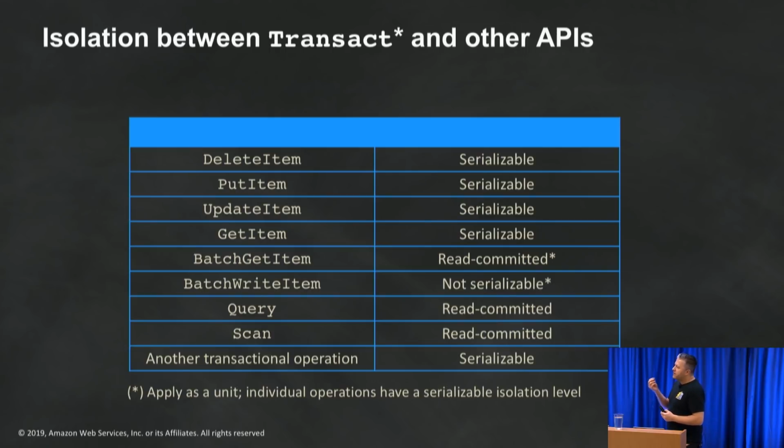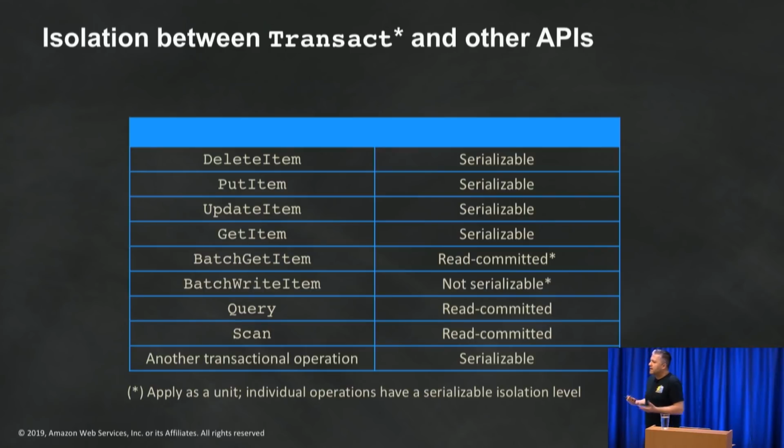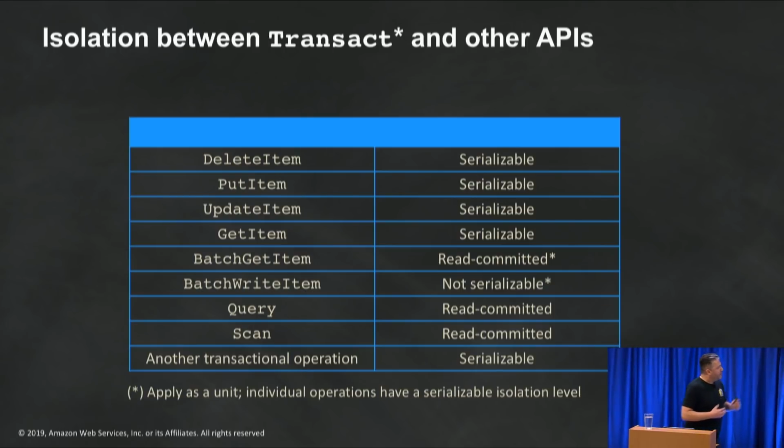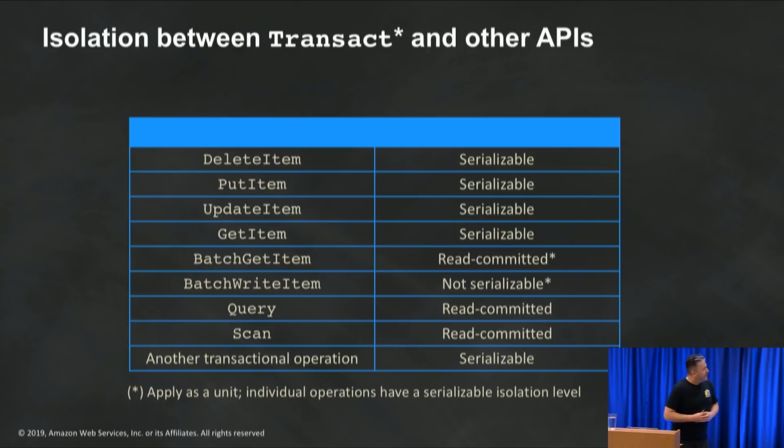But if you take each individual operation outside of the batch, those individual writes will have serializable isolation with everything else, because they're just like any single operation or transactional operation in DynamoDB. Query and scan, as I mentioned earlier, have read committed isolation, and the same for BatchGetItem.